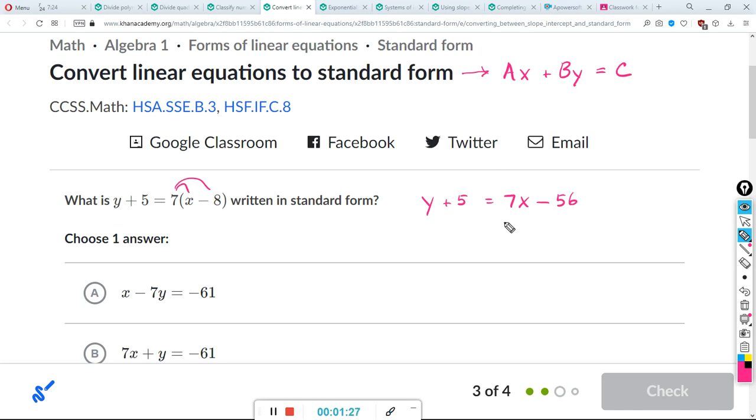So I'm going to do a minus 7x on both sides. And I want the numbers on the right hand side, so I'm going to do a minus 5 on both sides.